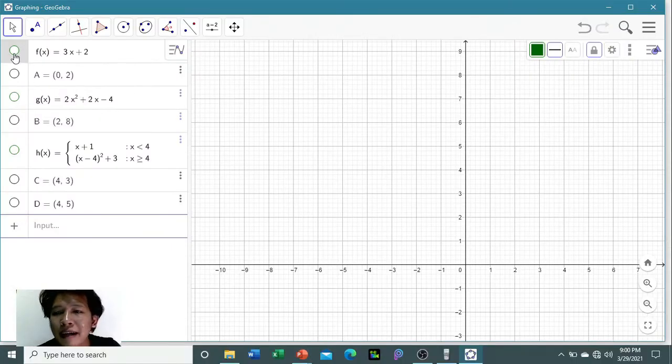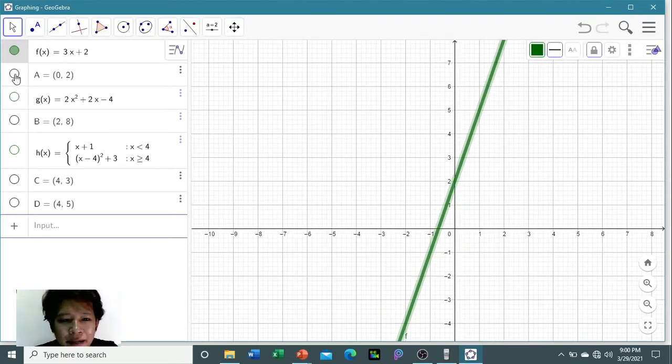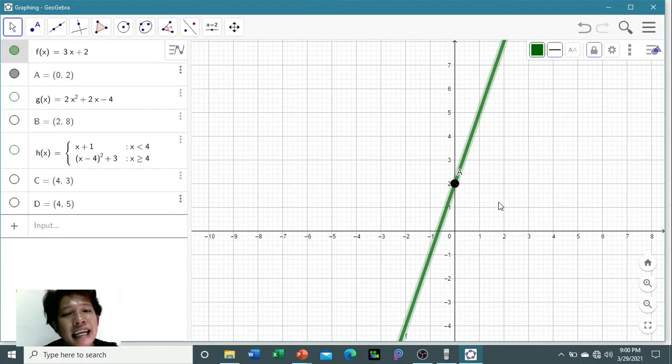So by graphing the function f of x equals 3x plus 2, this would be the function. And as x approaches what? As x approaches 0. So this is x equals 0, right? As x approaches 0 from the left and from the right, the function value approaches 2, which is the illustration we have here.